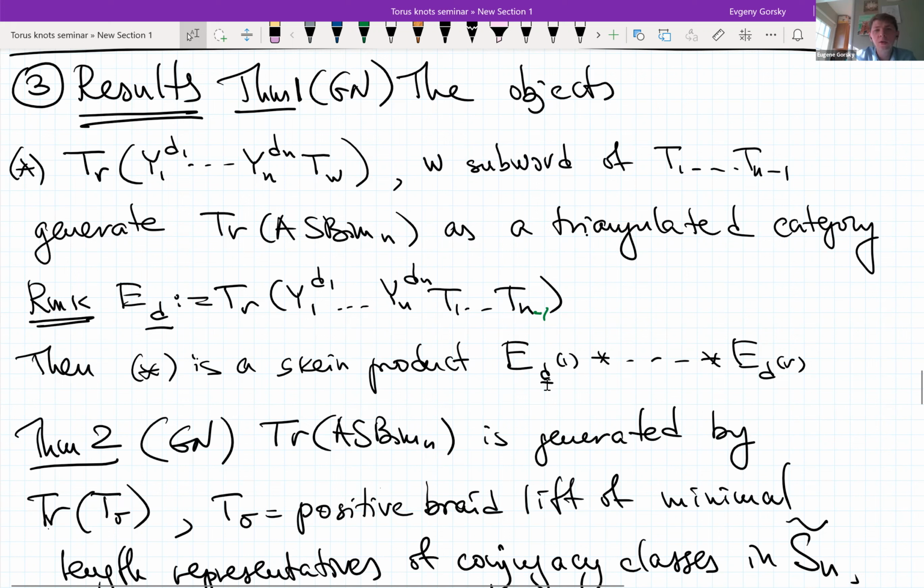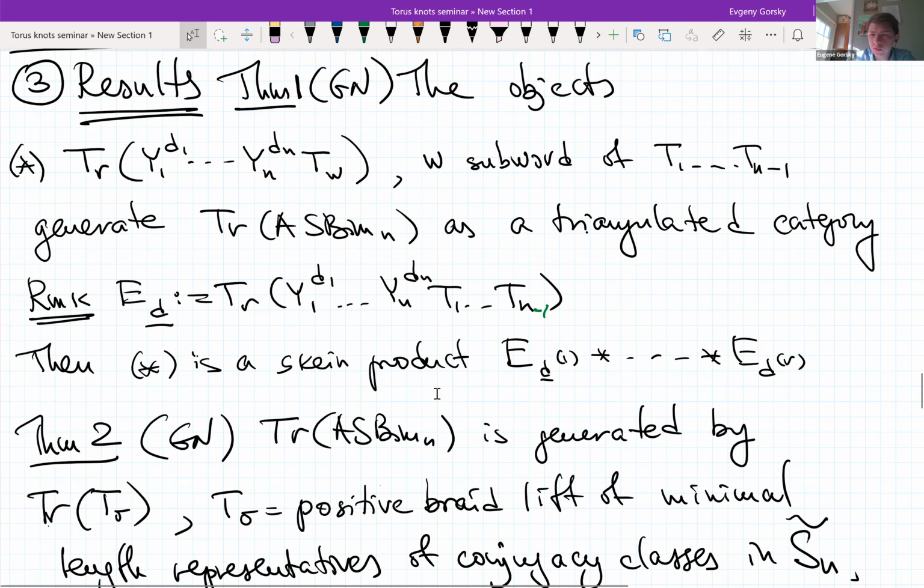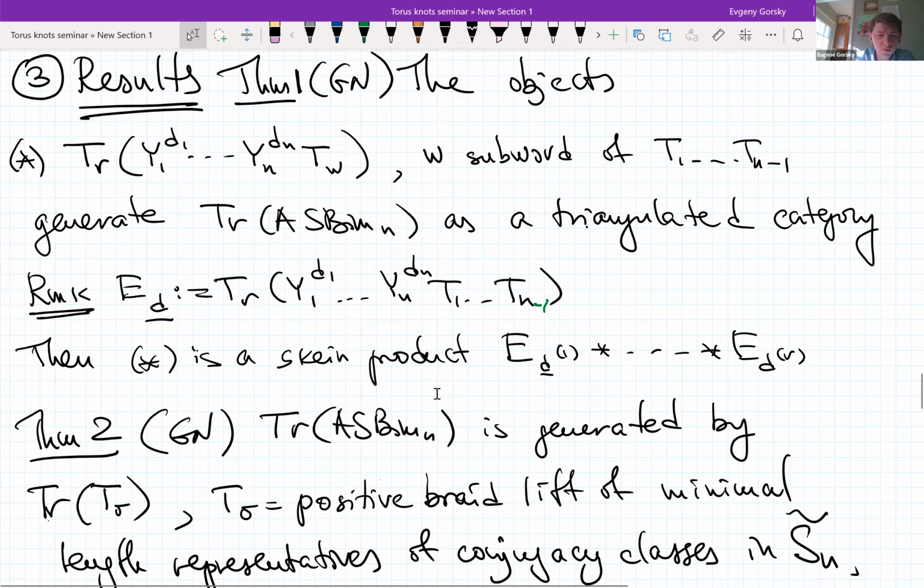And so in some sense, you can say that the category is generated by skein products of these E_D's, although you need to be very careful about saying what a skein product is, and I don't want to be. And that matches, okay, I'll say in a second what that matches to. So we have some description of the category. We actually have a much smaller generating set for this trace, which is more complicated, but for some people it might be interesting. So let me just briefly mention this.